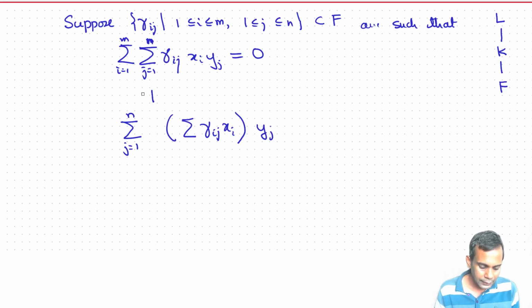So what we have is this sum is equal to 0. And where do these elements live?